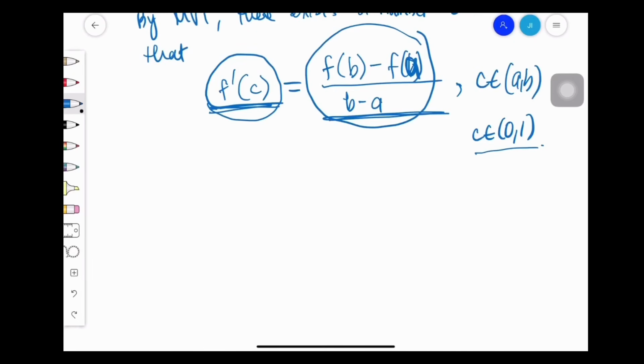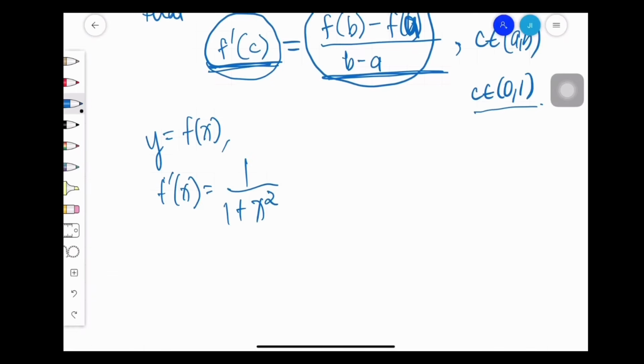So we note that if we let y equals f of x, then f prime of x is equal to, what's the derivative of arctangent? 1 over 1 plus x squared. Hence, f prime of c is equal to 1 over 1 plus c squared.